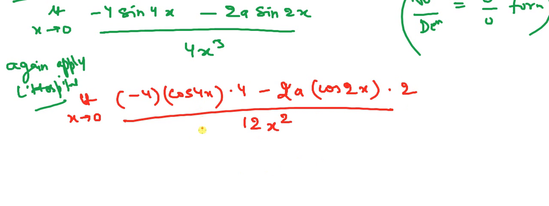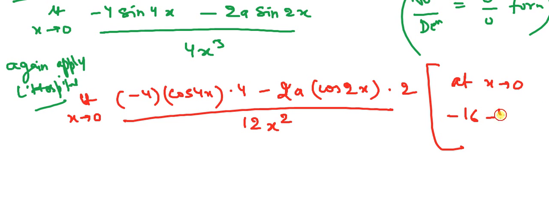Now if you put x tends to 0, you'll find the numerator becoming this, because cos 0 is 1. So minus 4 into 4 is 16, minus 2 into 2 is 4a, becoming something upon 0.